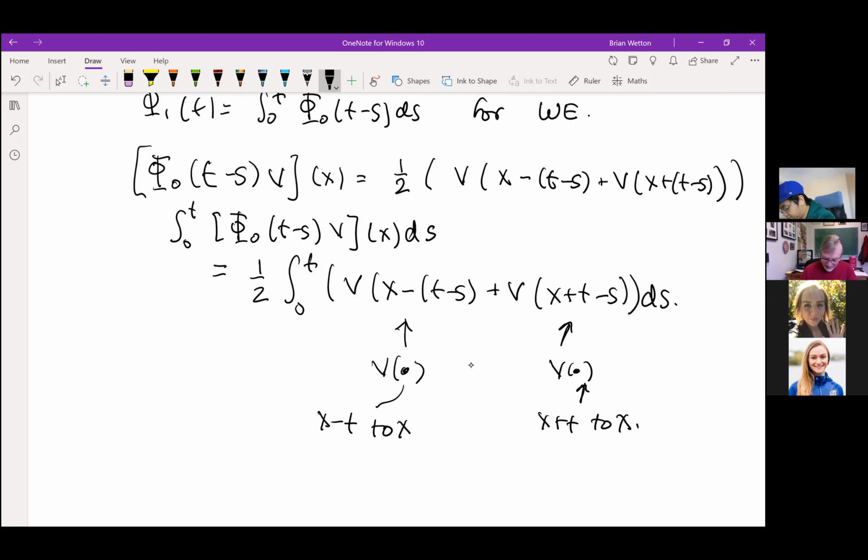And so if you think about it, that's exactly the same thing as integrating from x minus t to x plus t of v of s ds, which was exactly our formula for phi 1.